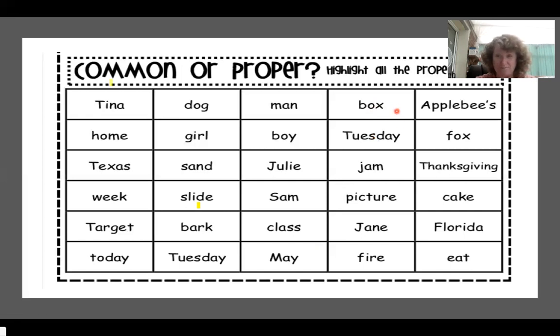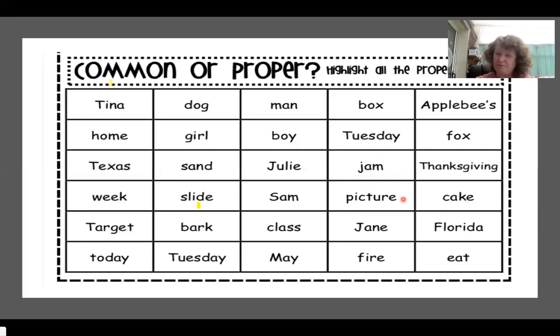So not that. Tuesday. Name of the day of the week. So that has a capital T and that is a proper noun. Jam. What kind of jam? Strawberry jam? Plum jam? No, it hasn't particularly got a name, so it's just a common noun.